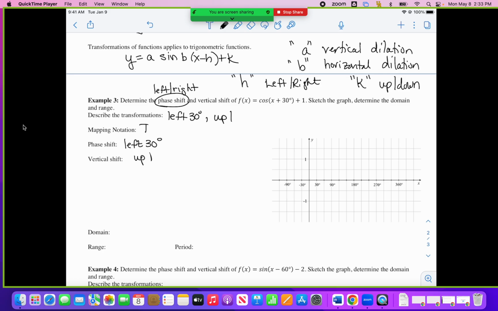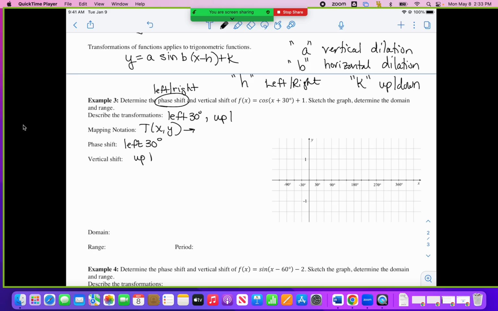Now the mapping notation. I'm going to show you the mapping, and eventually I'm going to show you a shortcut. And if you can handle the shortcut, you don't have to write the mapping notation. If you're like, I don't get the shortcut, then you can use the mapping notation.